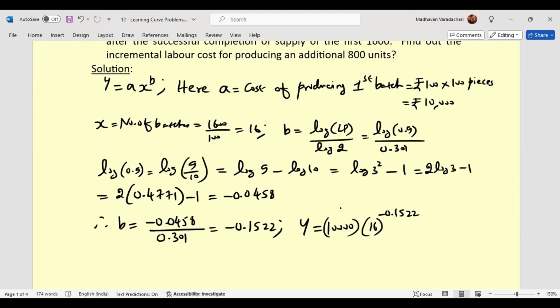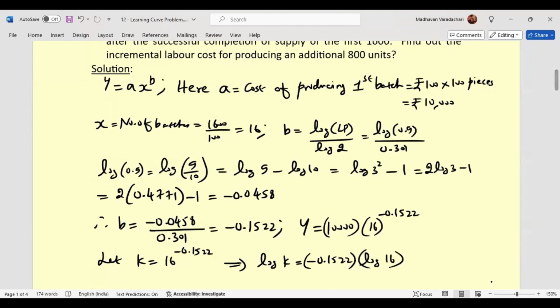Now, let us assume K as 16 to the power of minus 0.1522, which means logarithm of K will be negative 0.1522 times logarithm of 16. So this can be further simplified as negative 0.1522 times logarithm of 2 to the power of 4.